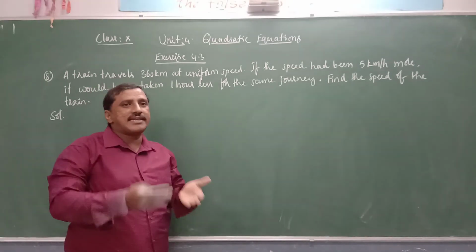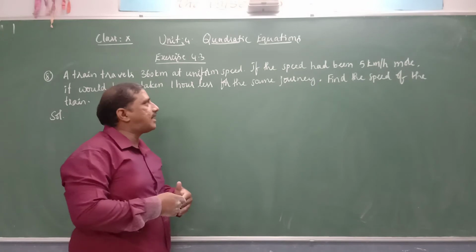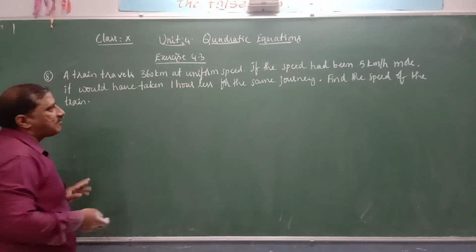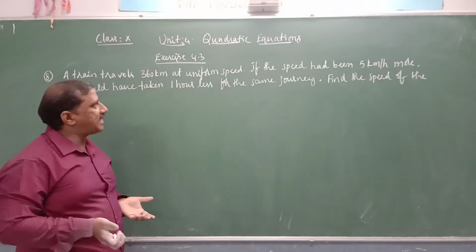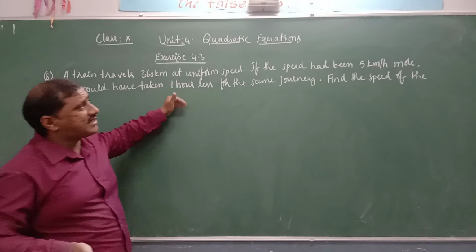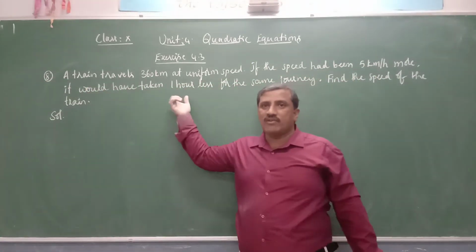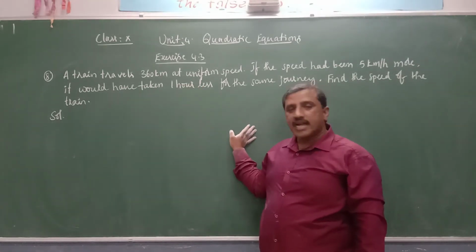So if the speed is increased, definitely to cover the same distance it will take less time. How much less time? It is 1 hour. Find the speed of the train. We don't know the speed of the train. If the speed is increased by 5 km per hour, then it will take 1 hour less to cover the same distance, that is 360 kilometers.